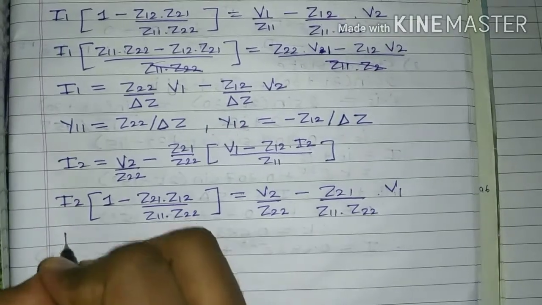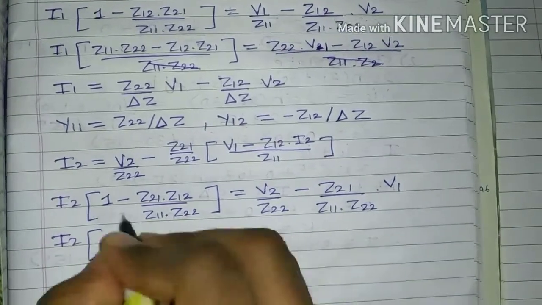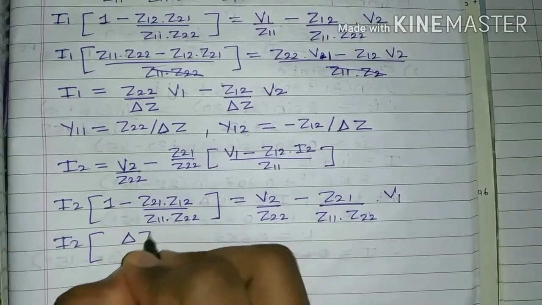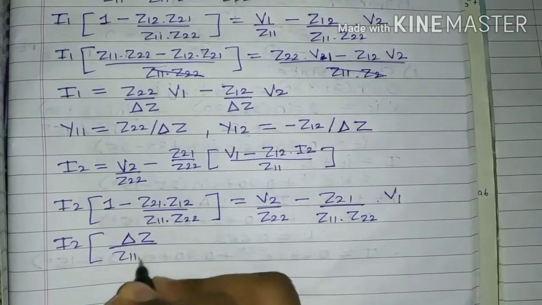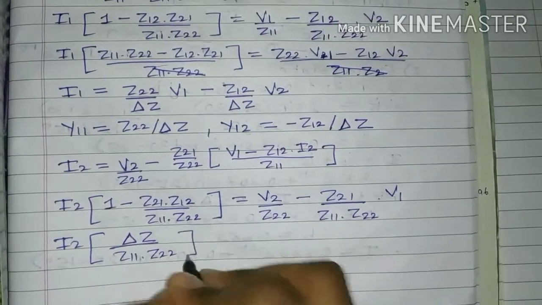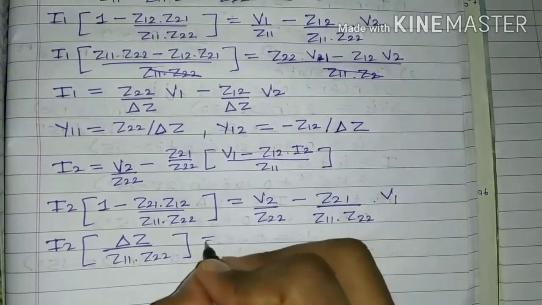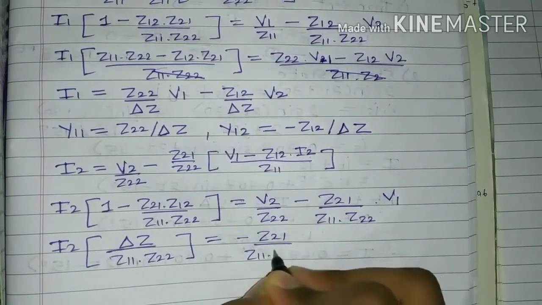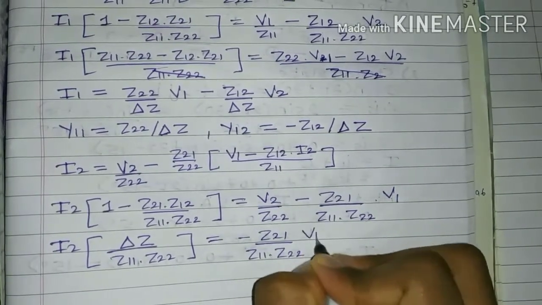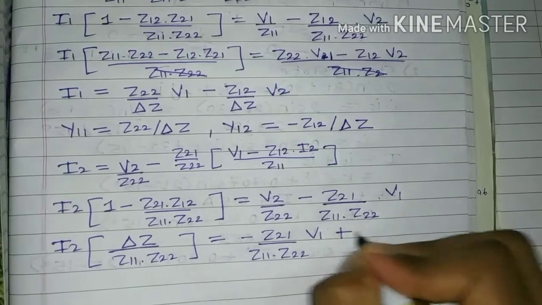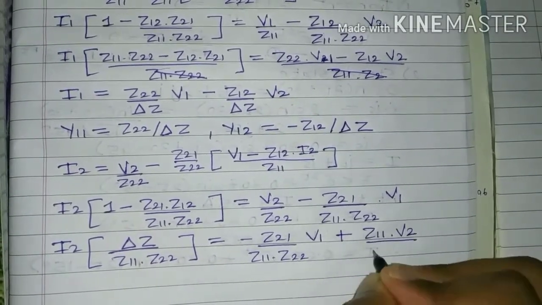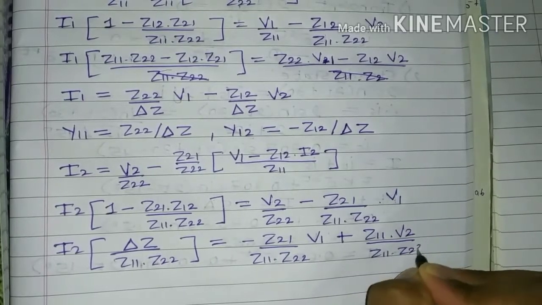So you get I2 into (Z11 into Z22 minus Z21 into Z12, which is delta Z) upon Z11 into Z22 is equal to minus Z21 upon Z11 into Z22 V1 plus Z11 into V2 upon Z11 into Z22.